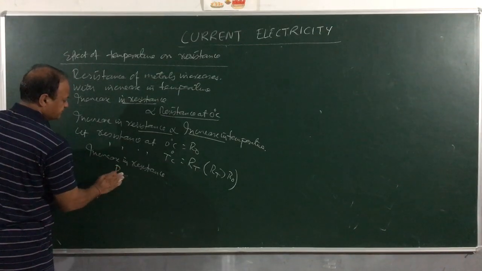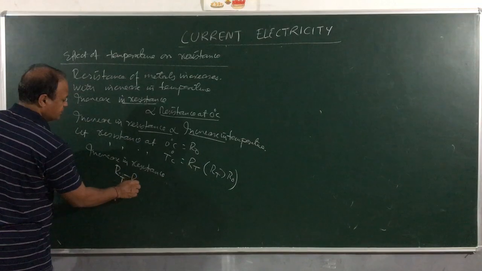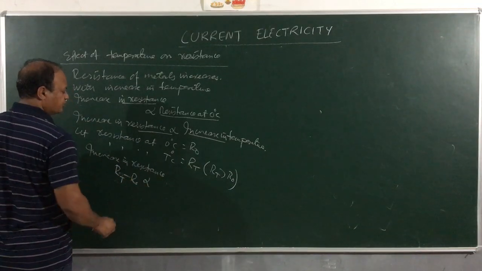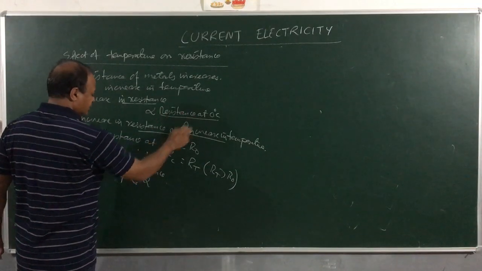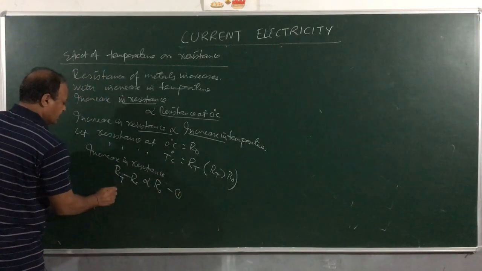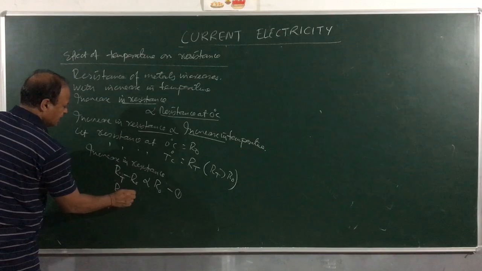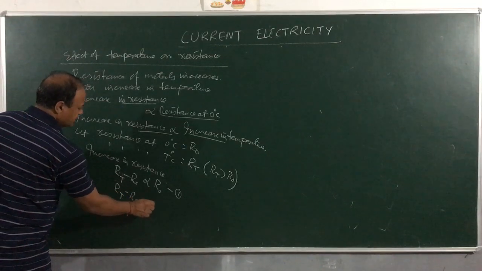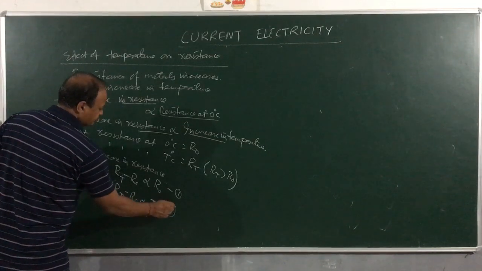RT minus R0 is directly proportional to resistance at 0 degree Celsius, R0. This is 1. And again, if you use the second condition, RT minus R0 is directly proportional to the increase in temperature.